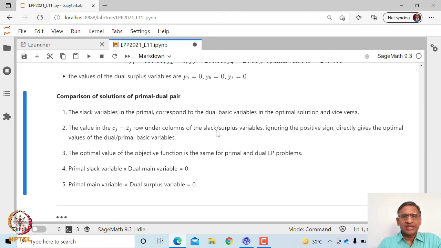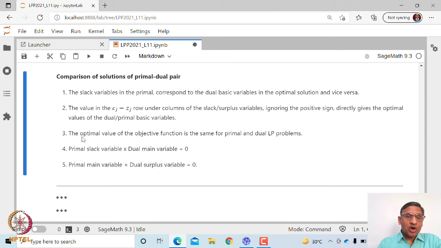If you ignore the positive sign, because for a maximum primal objective function the optimal occurs when all the cost coefficients are negative, then it directly gives you the optimal values of the dual basic variables. So in the final simplex table, look at the columns corresponding to the surplus or slack variables, depending upon what problem you are dealing with, and there is a relationship with the main variables of the dual.